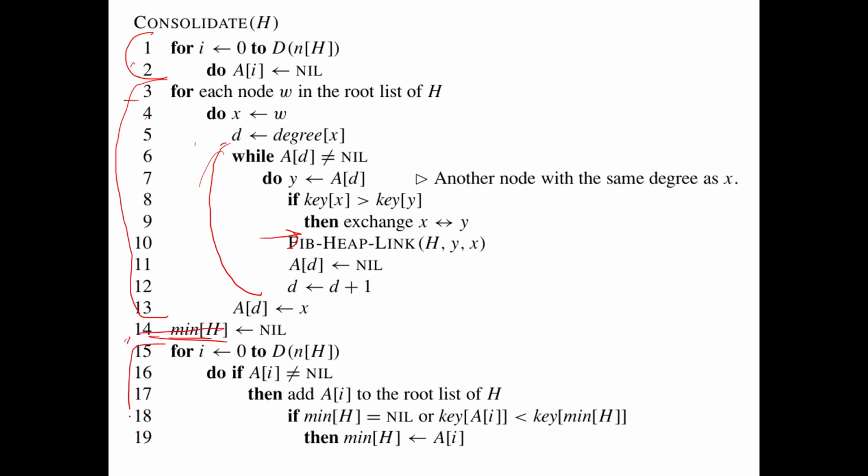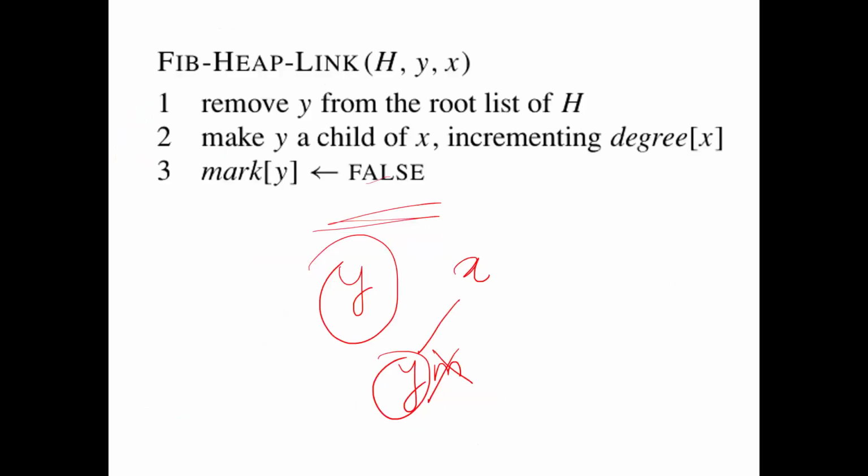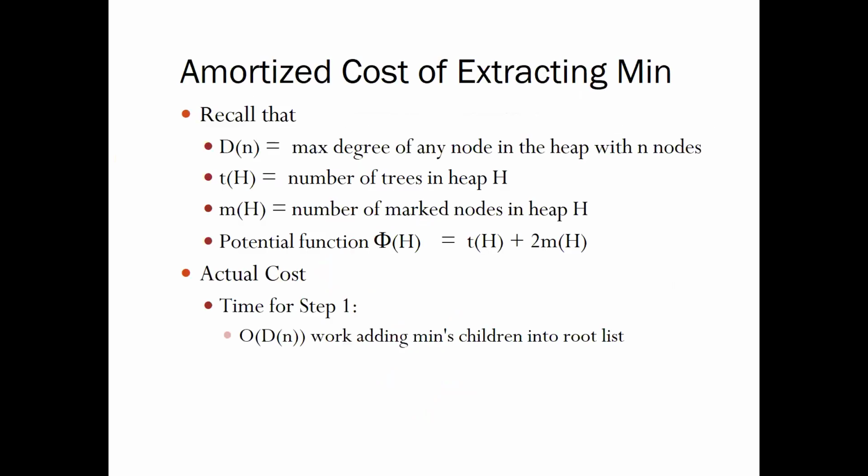For rebuilding the root list, you have this for loop where finally you find min of H as A of I, finding the minimum element and reassigning min of H. So this is the basic idea of consolidate, and this is for linking two nodes together. The minimum one is kept as the root and the other one is kept as a left child. That is the basic idea.